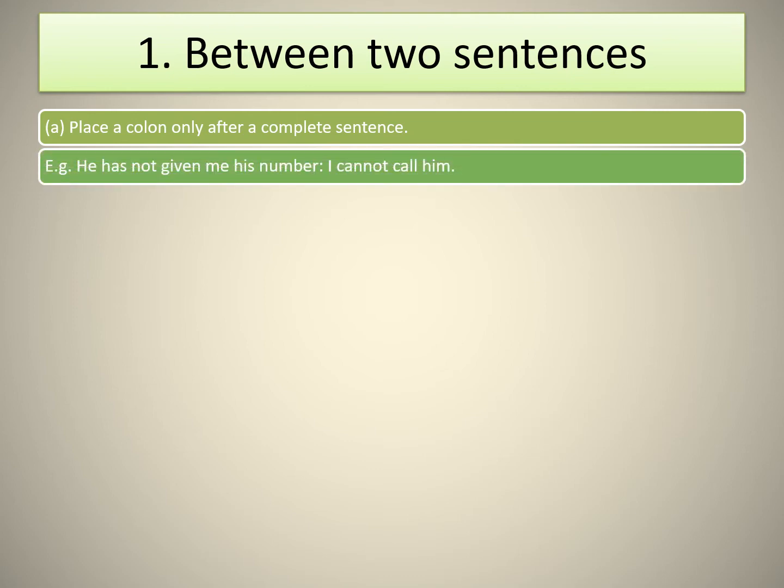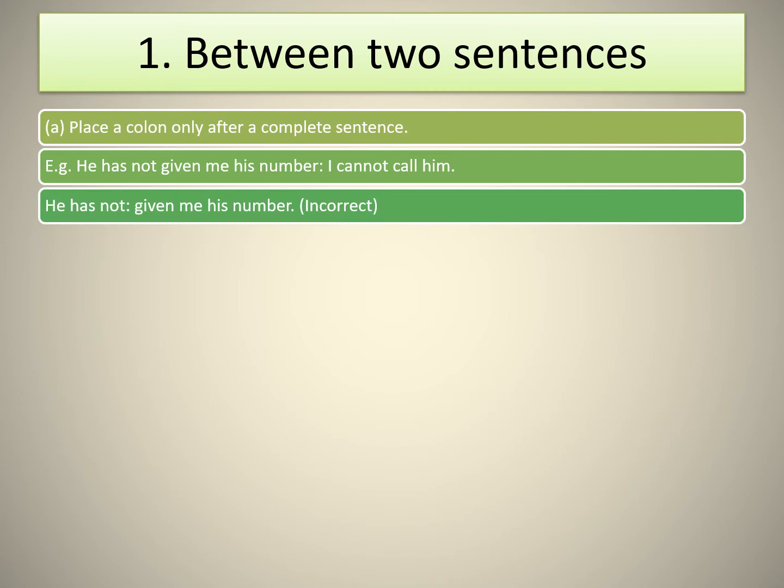Let's see, for example, here: he has not given me his number, colon, I cannot call him. So here you have two sentences which are complete. That means on their own they make sense. If it's written like this: he has not, colon, given me his number, this is wrong, because just these three words, he has not, is not a complete sentence.